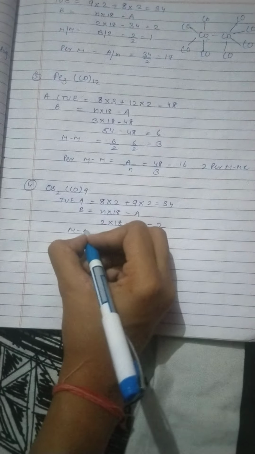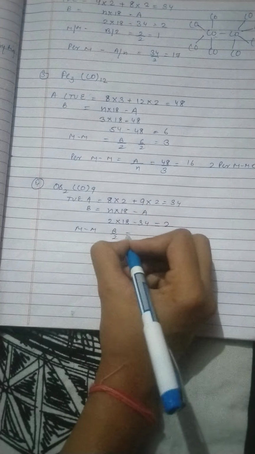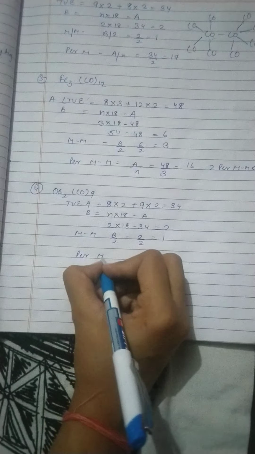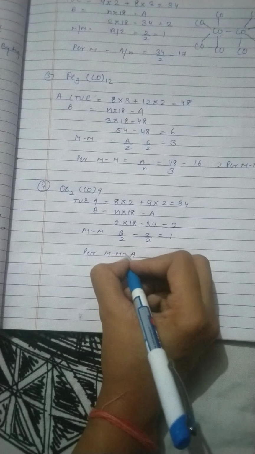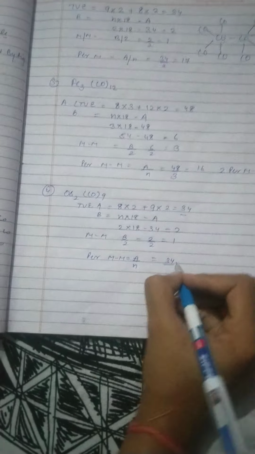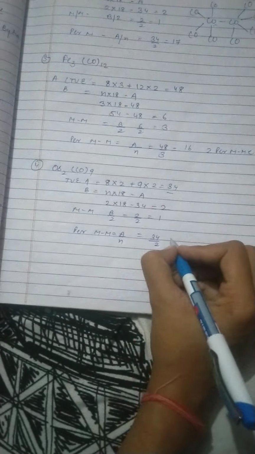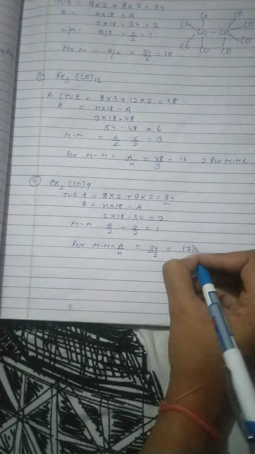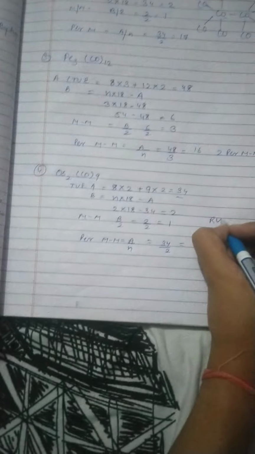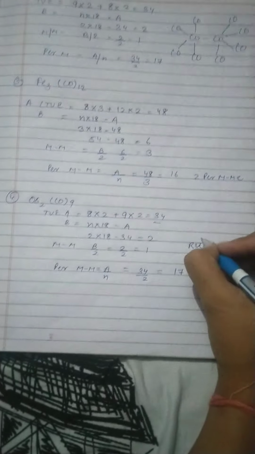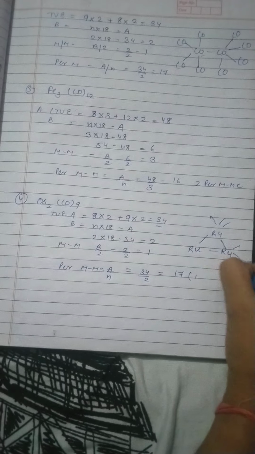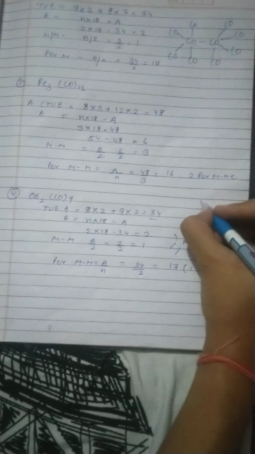Metal bond is B by 2, B is equal to 2, 2 by 2 is equal to 1. Per metal bond is A by N, where A is 34 and number of metals present is 2, which is equal to 17. So 1 metal bond is present and its structure is equal distribution of ligands on each metal, 3 carbonyl on each metal.